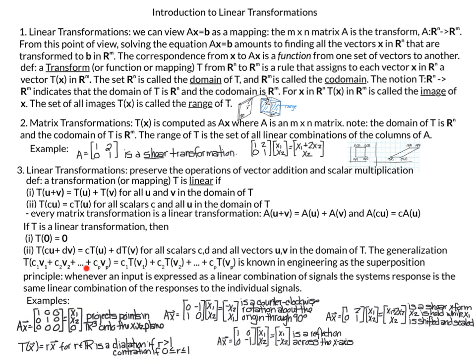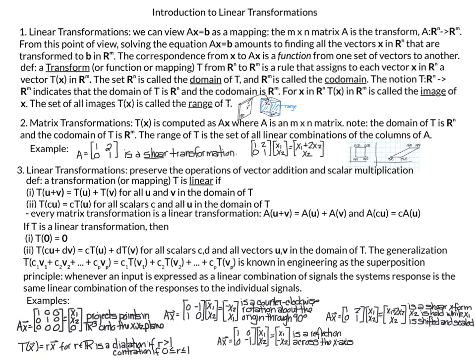And then there was this generalization. Instead of just two vectors, we could take p vectors. So T of c1 v1 plus c2 v2 plus up to cp vp equals c1 T of v1 plus c2 T of v2 up to cp T of vp. And this is known as the superposition principle.